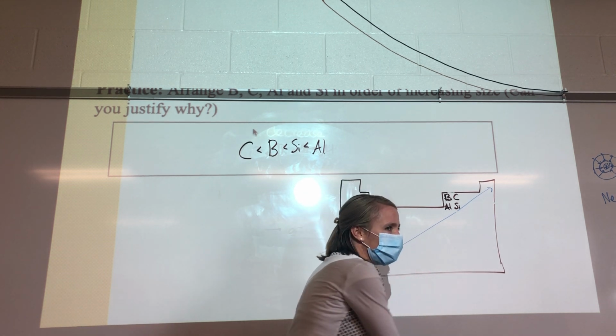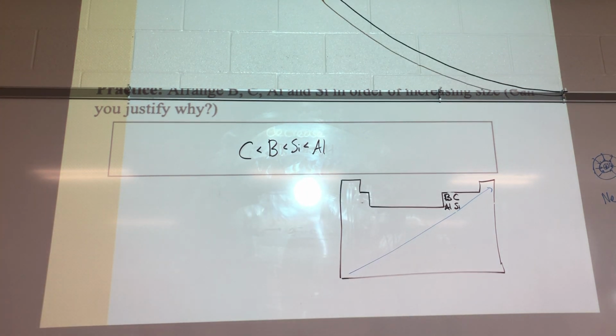And it's not much. Let me pull up my list of the actual numbers. Boron has an atomic radius of 83 picometers, and carbon is 77. So it's very, very small.